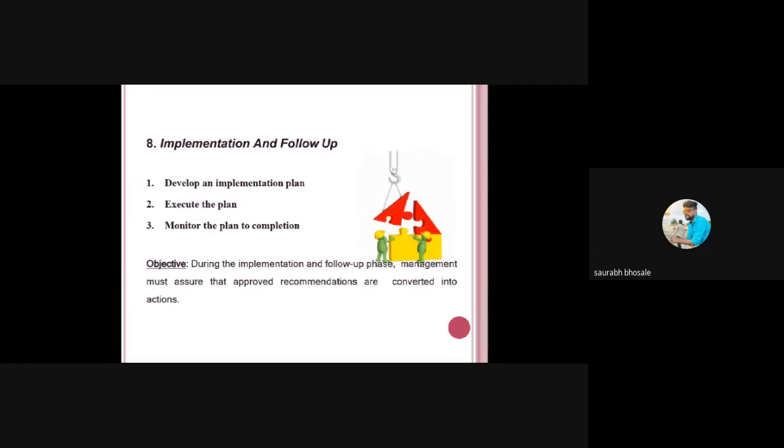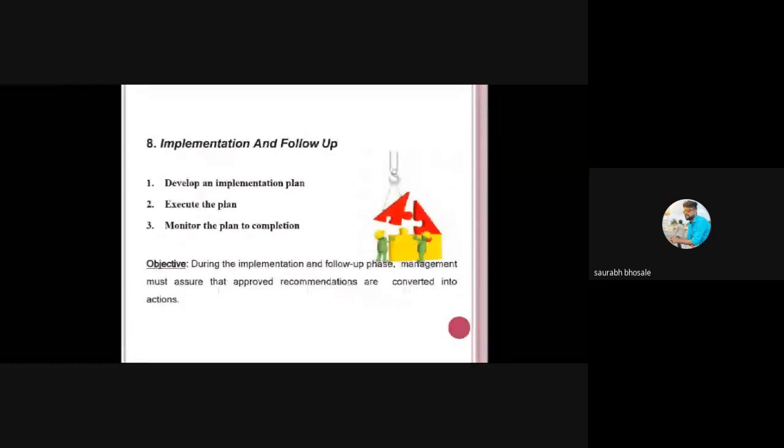In the recommendation phase, approval will be taken from the decision making authority, and then the next one is implementation. Okay, the implementation of a plan, implementation of techniques, or implementation of alternatives to that particular product or the services.